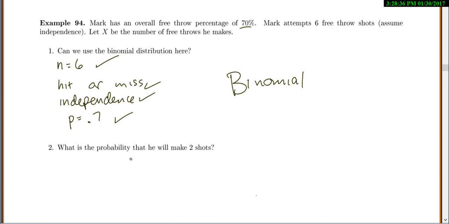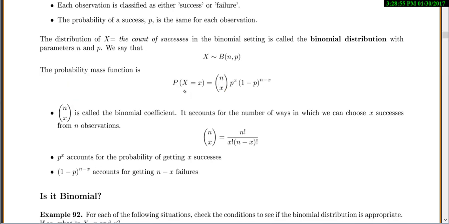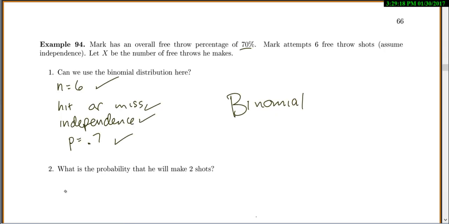So now what is the probability that he will make 2 shots? To do this, we need to go back and look at our probability formula. The probability that x is some specific number is going to be n choose x, p to the x, 1 minus p to the n minus x. So let's write that down.